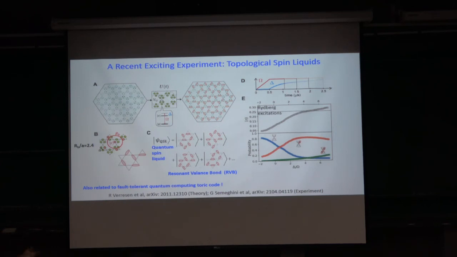And this is a so-called quantum spin liquid, because there are many possible combinations like this or this due to the blockade. So actually, it's a many-body entangled state.